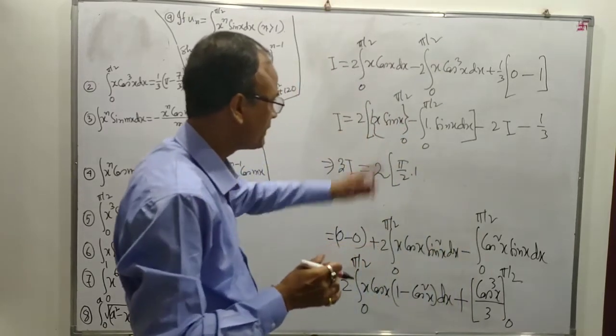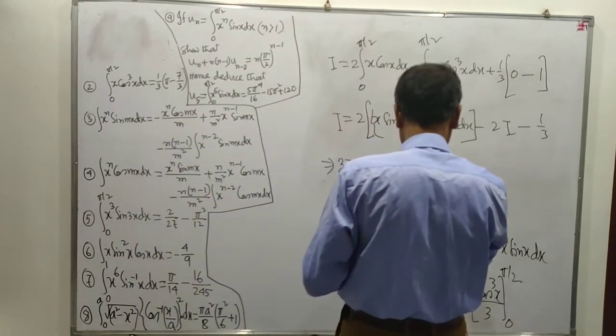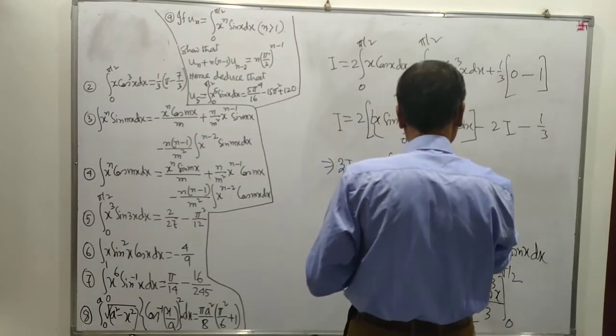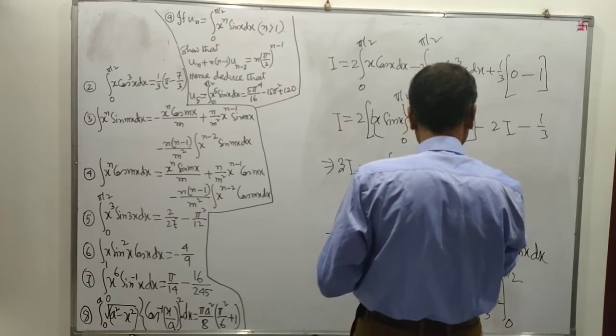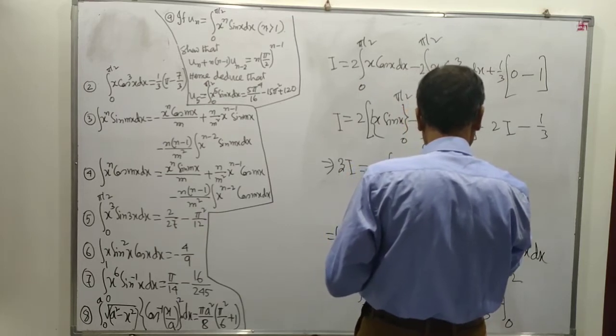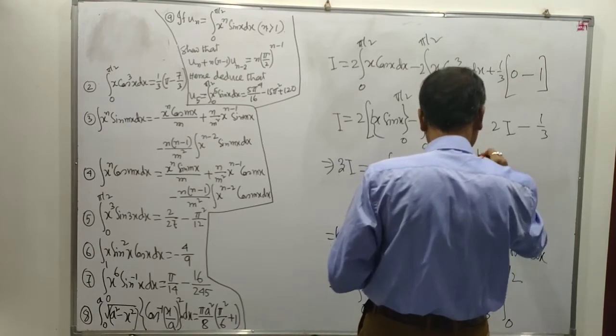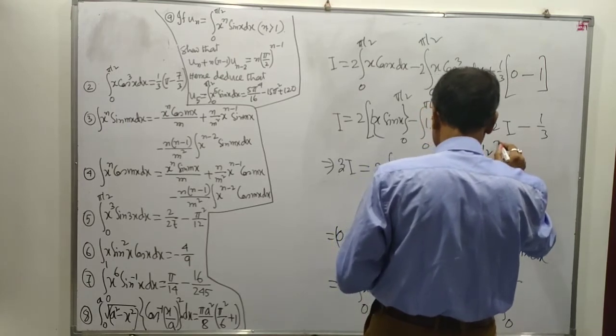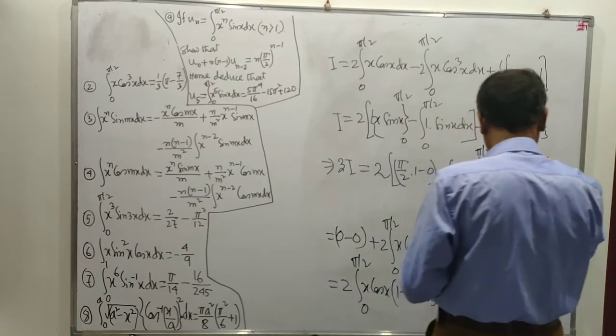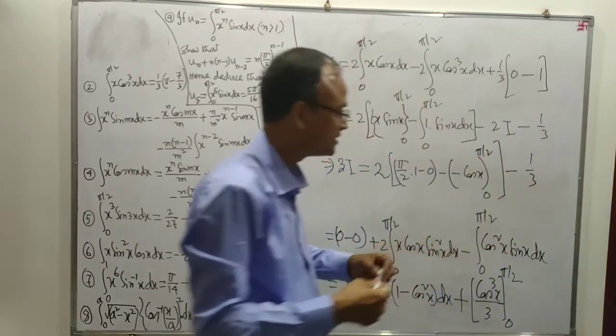Sin pi by 2 means 1. Minus 0. Minus the integral of sin x, that is minus cos x, from 0 to pi by 2, minus 1 by 3.